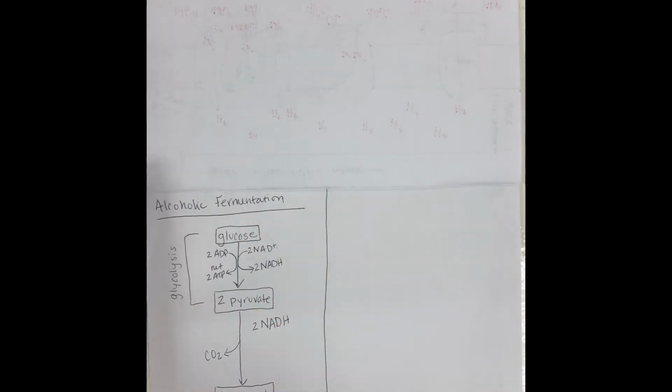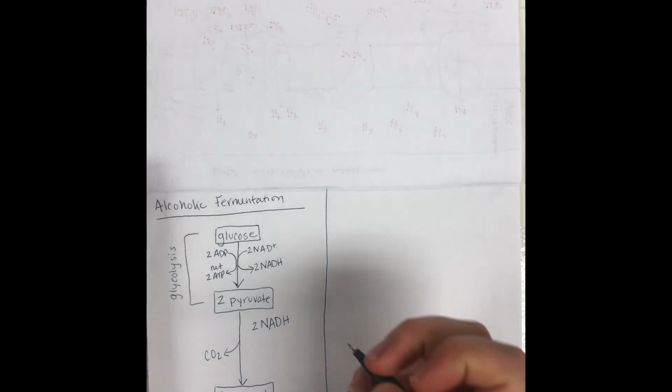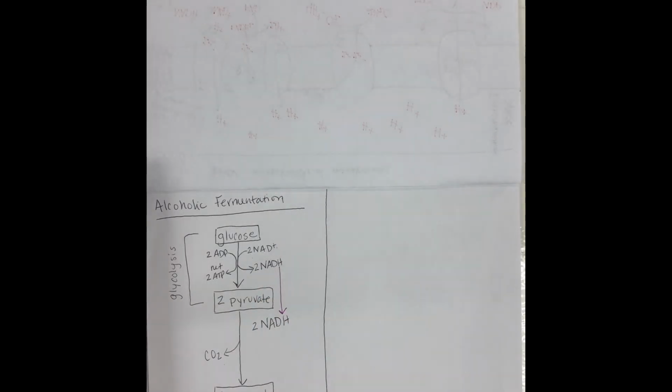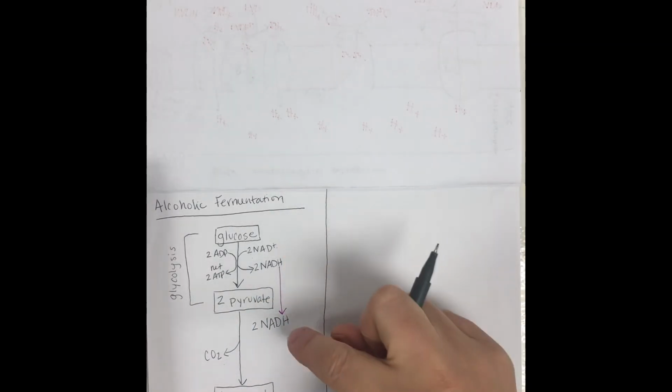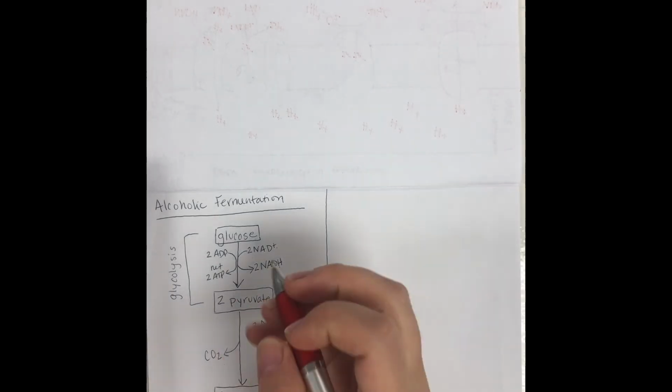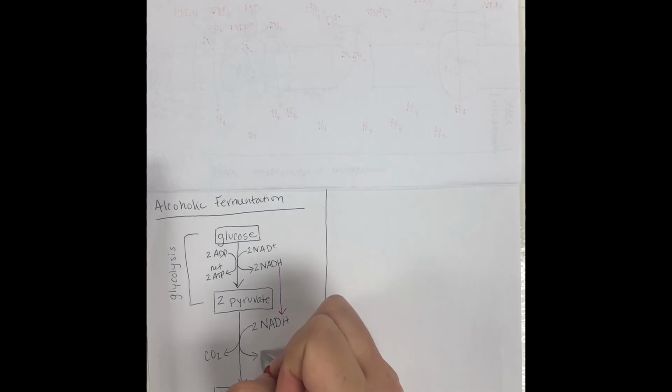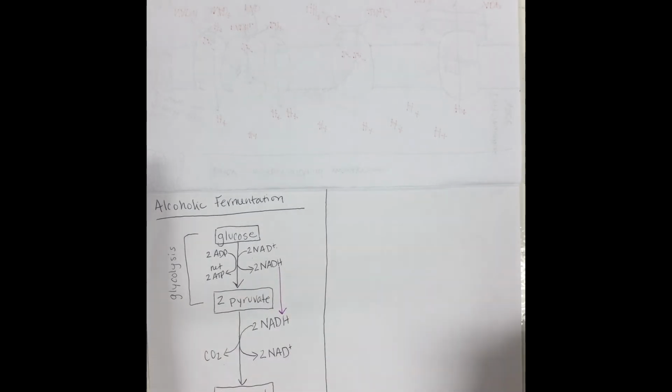I'm going to use another color for that. I moved my red pen, so I'm going to use pink. So this guy is going to come down. What we just made in glycolysis is going to come down. We're going to input him, and he's going to drop his electrons off. So that's going to give us 2 NAD pluses.